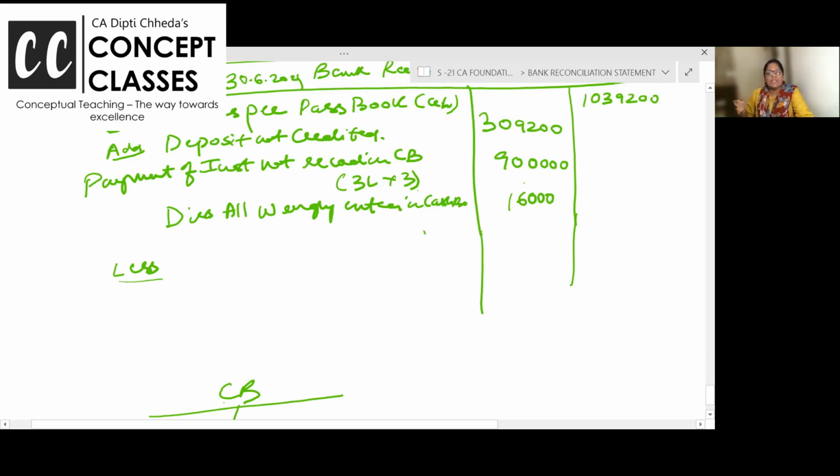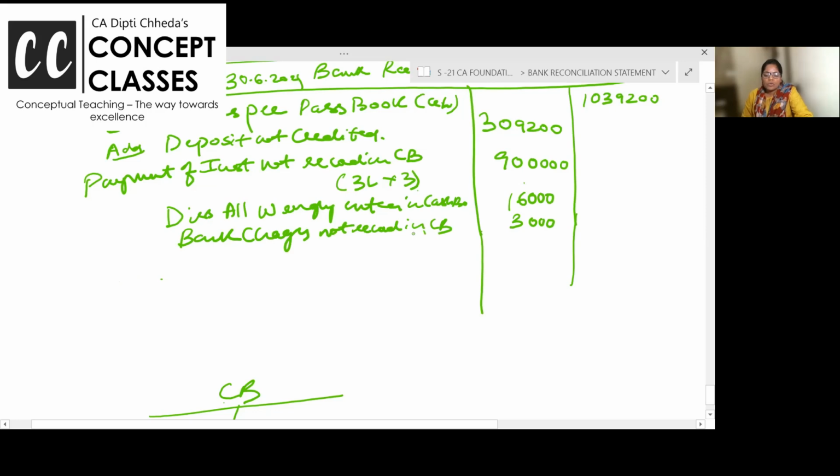We didn't credit. We should also credit bank charges, but we are not preparing adjusted cash book and all. They have debited bank charges. Now they should credit 3,000. Bank charges not recorded in cash book.